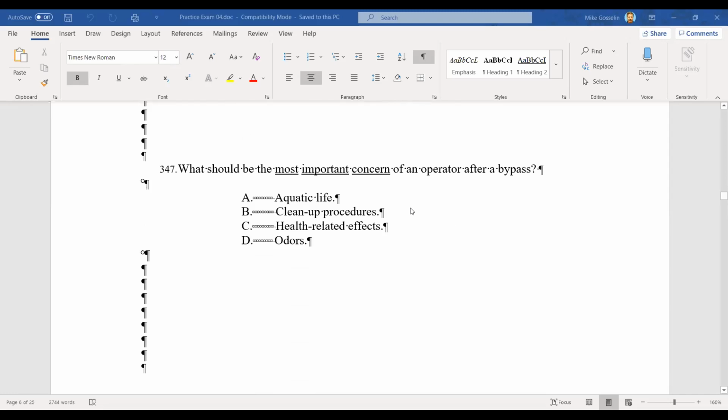What should be the most important concern of an operator after a bypass? So we had a couple C's.